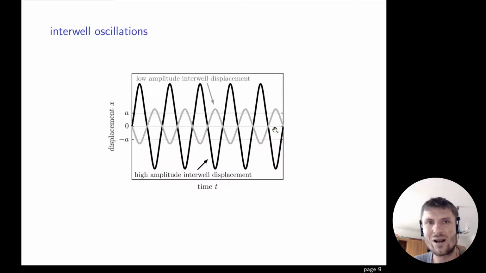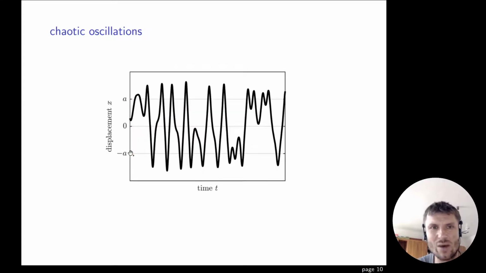The interwell oscillation is an oscillation where the system oscillates around both, well, it goes through these stable positions. And the chaotic one is when sometimes it stays in one position, sometimes in the other, and sometimes it goes through. And this is what we call chaotic oscillation.